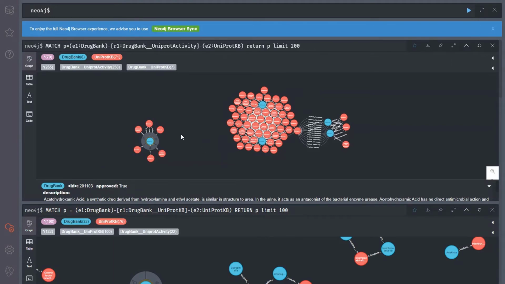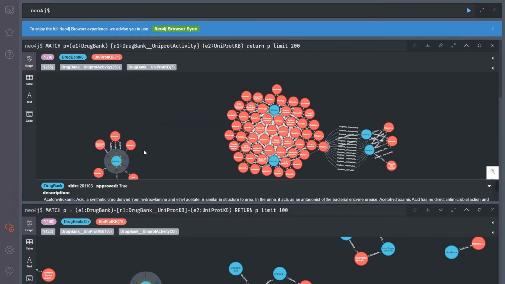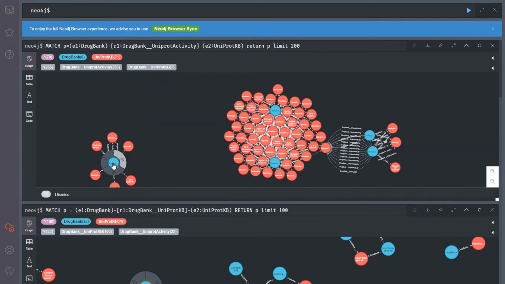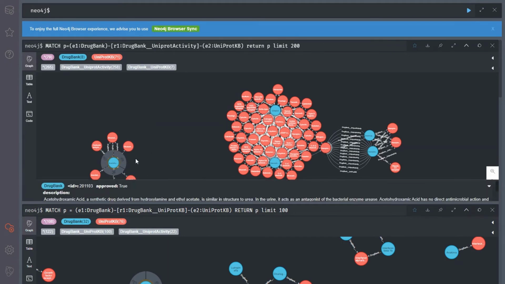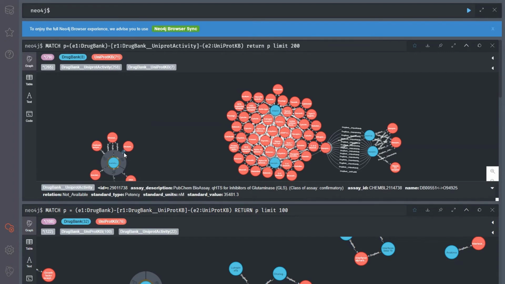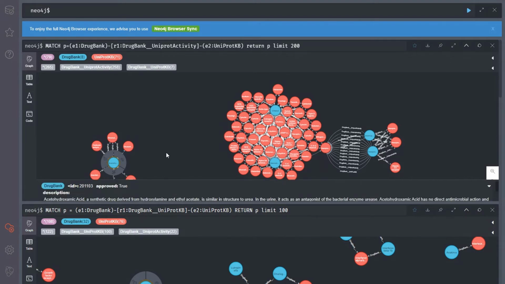So here we can see again the blue node is a drug, whereas the red nodes are again proteins, but this time the edge that connects the two nodes carries the information about the experimental evaluation of the drug in the specific protein target. So we have used a cutoff, which will be shown later on, in order to define only the failed experiments in order to represent the negative data.